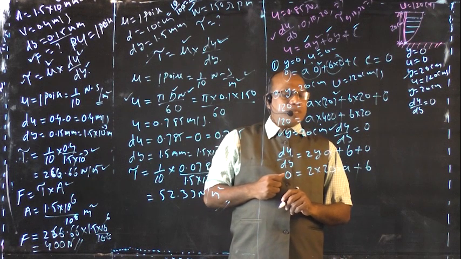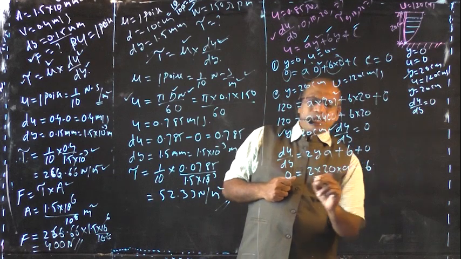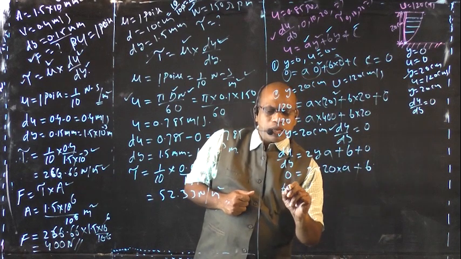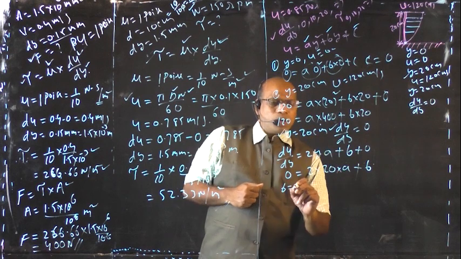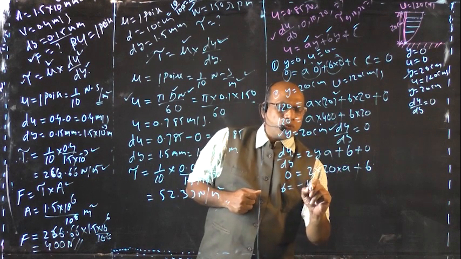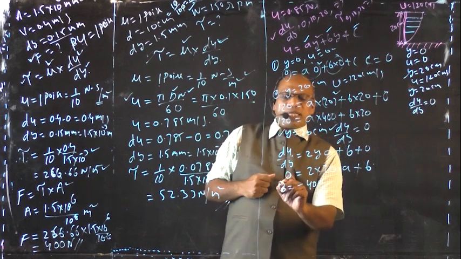From this equation, b is equal to minus 40a.